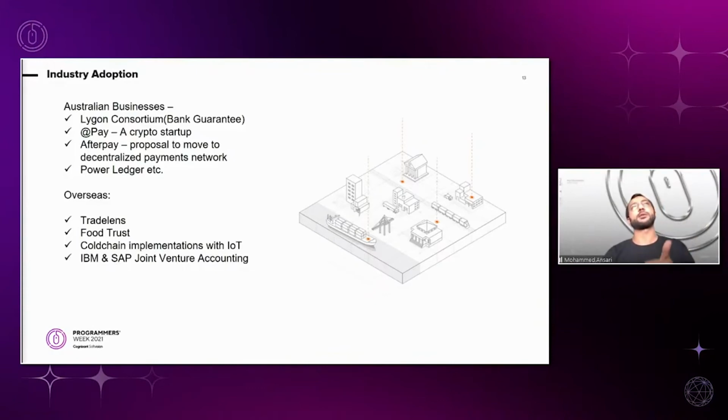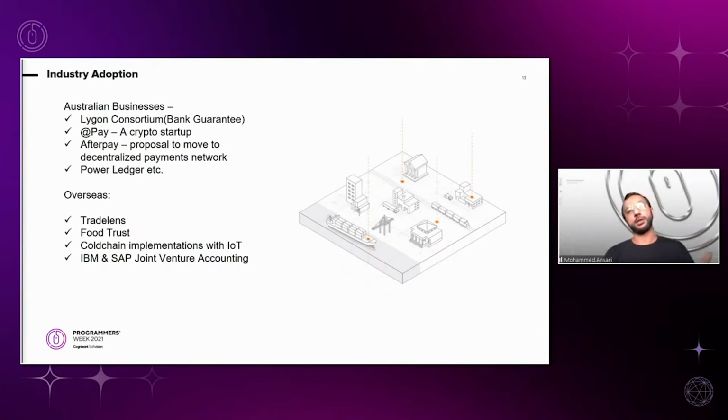You have IoT sensors being fitted inside vehicles, and if the temperature crosses above a specific threshold, these vaccines would be destroyed. So there is a need for the buyer to know whether these vaccines are good or not, I mean, whether they crossed the temperature while on the way.